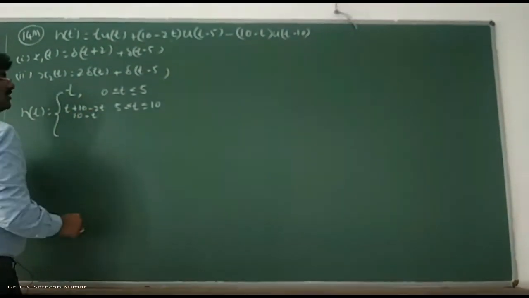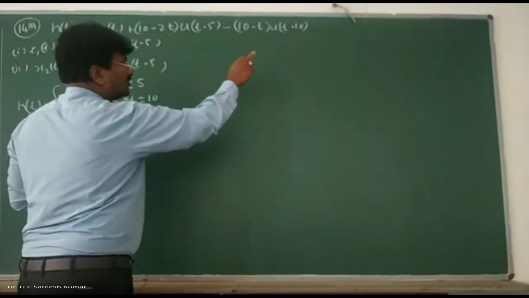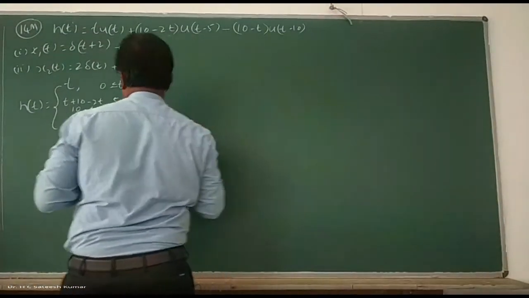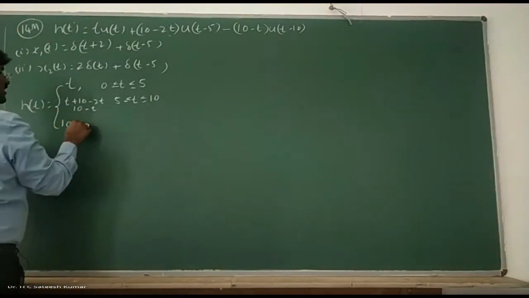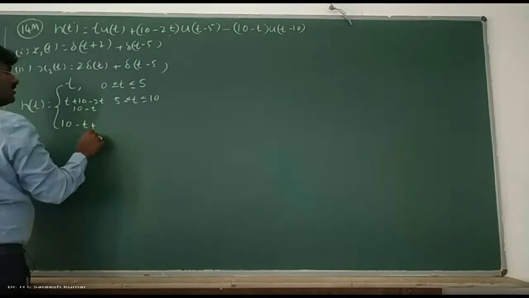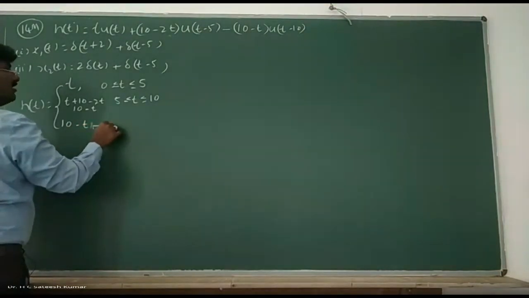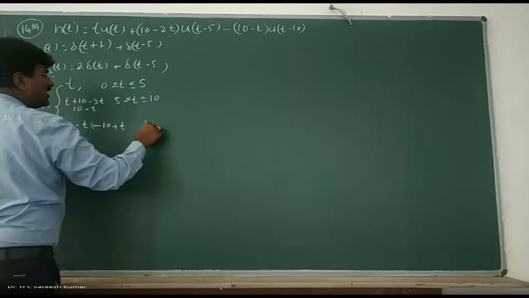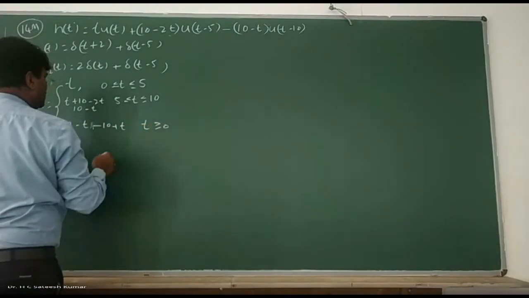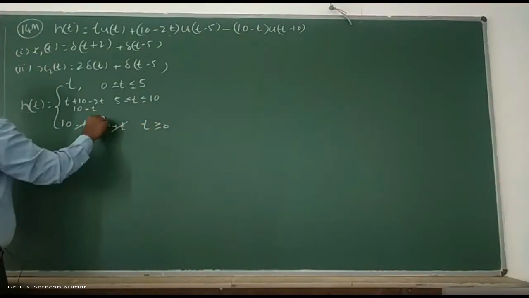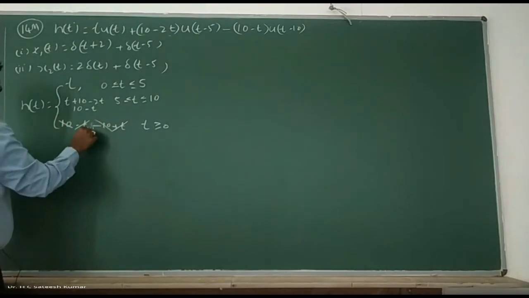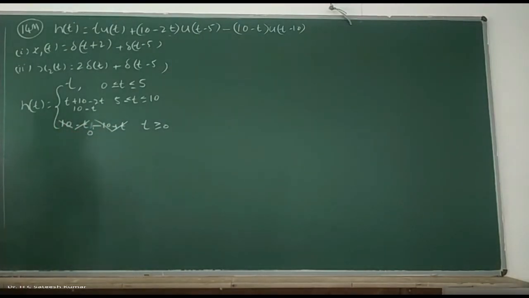And from 10 onwards, we are going to add this one, right? So 10 minus t plus minus 10 plus t for t greater than or equal to 10. So minus t plus t gets cancelled, minus 10 plus 10 gets cancelled. It will be 0. So this is the signal we have. This signal is a ramp signal given in terms of step.